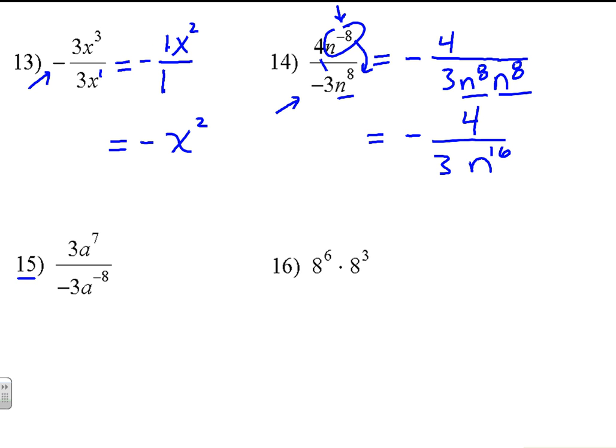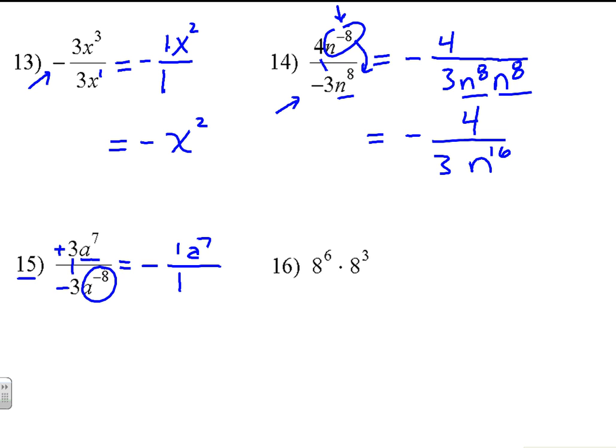Number 15, before I worry about 3's and a's, I've got a positive divided by a negative. Positive divided by negative is always a negative. Now I move on to the 3's. I've got a 3 divided by 3, that's 1. I'll put the 1's here. That reduces to 1 on 1. These 7 a's stay up top.